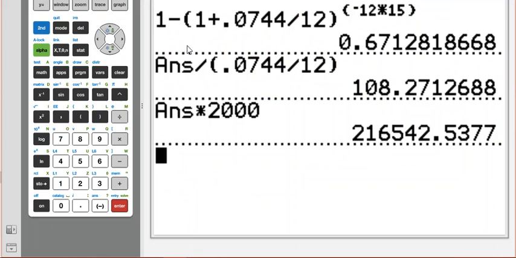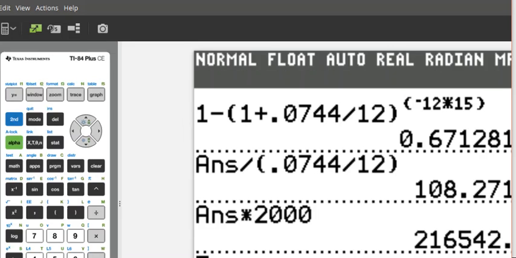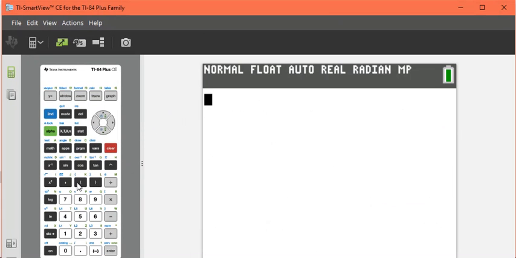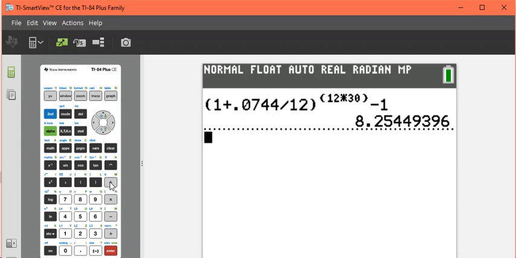All right, so let's enter this in. I'll go ahead and clear everything out. We're going to have in the numerator 1 plus R over M raised to the M times T. Get out of the exponent, subtract 1. Here's the numerator. We need to take that and divide by the entire denominator.